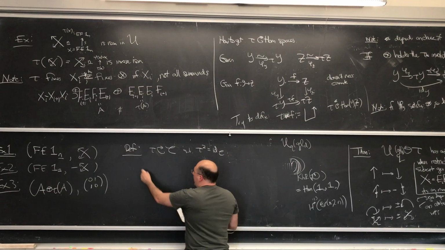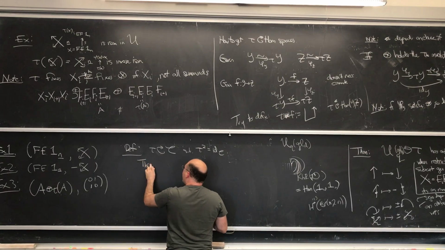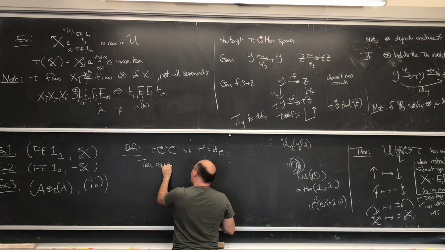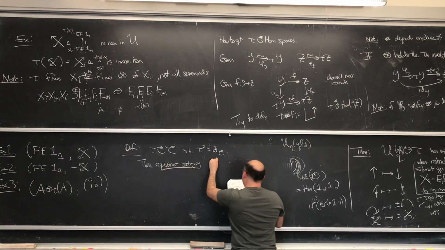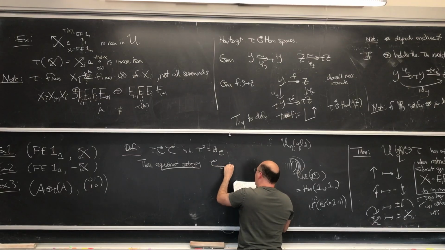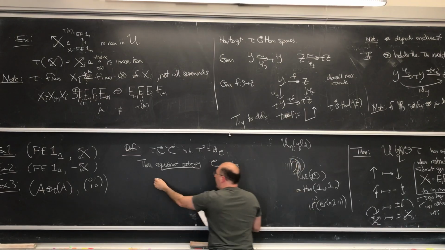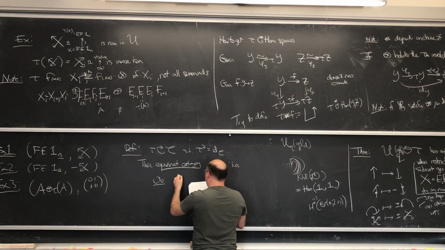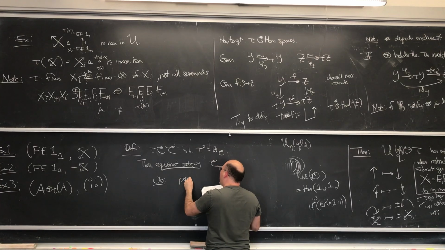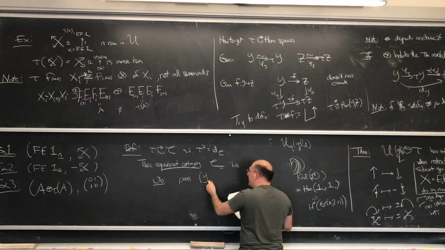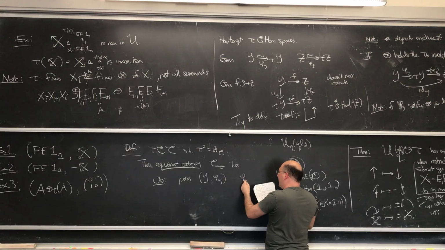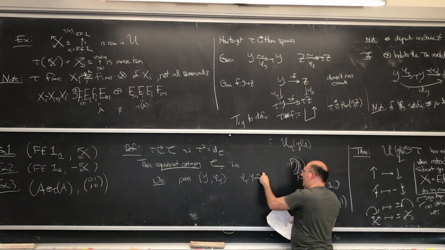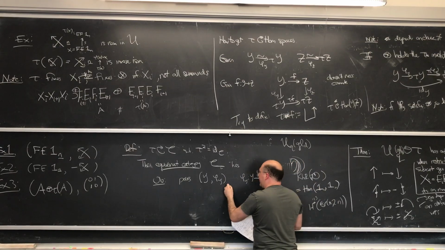The equivariant category C sub tau is the category whose objects are pairs of an object y in C and an isomorphism from y to tau y such that star holds.